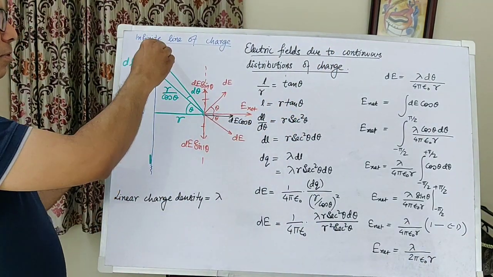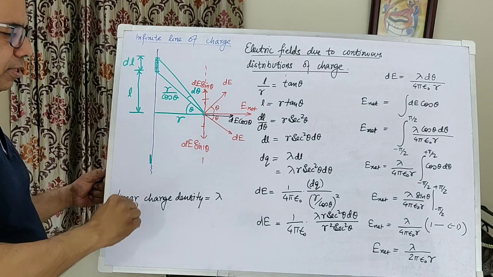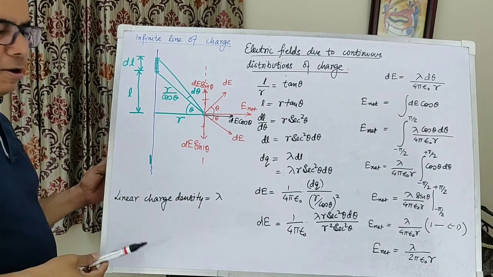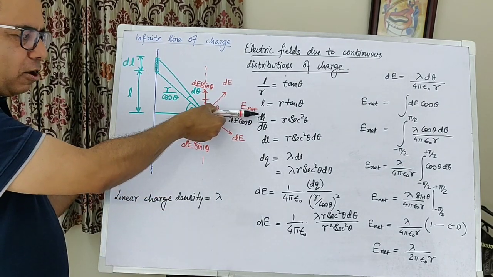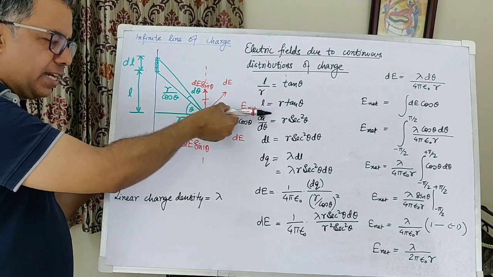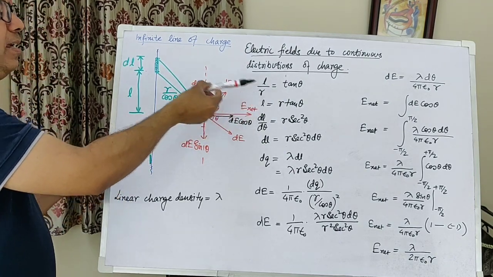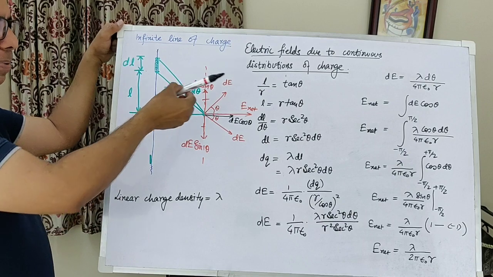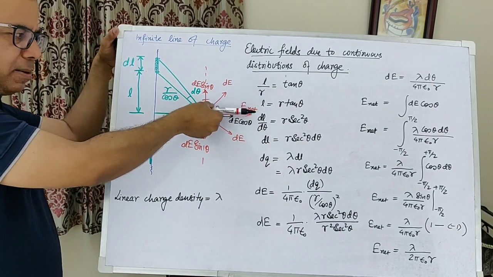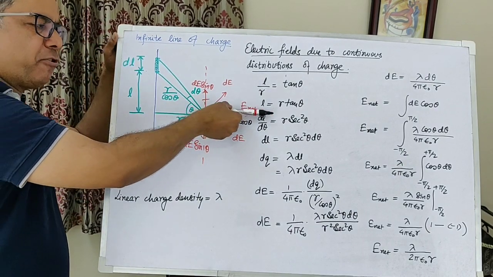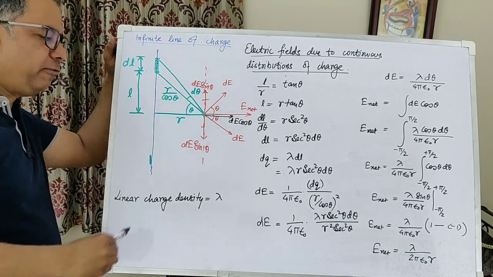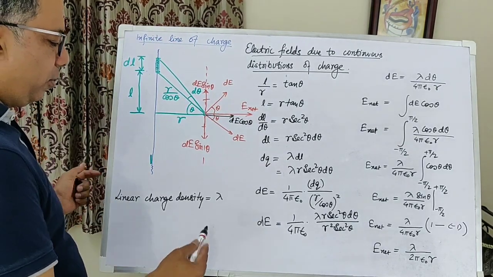Now we made the assumption that the charge on this line of charge is positive, and the electric field now is radiating away from the line. The net electric field will be perpendicular to the line of charge and will be directed away from the line of charge if the line of charge is positive.